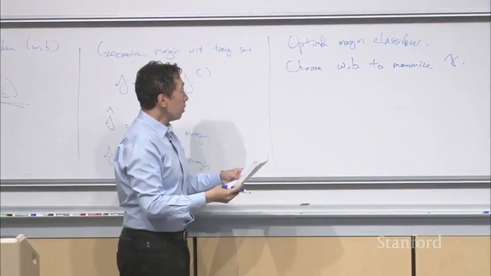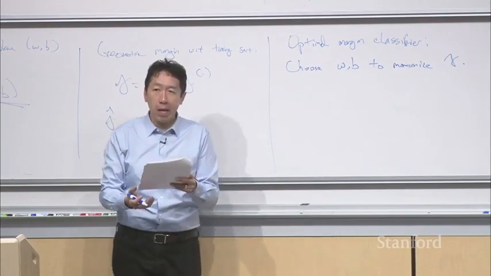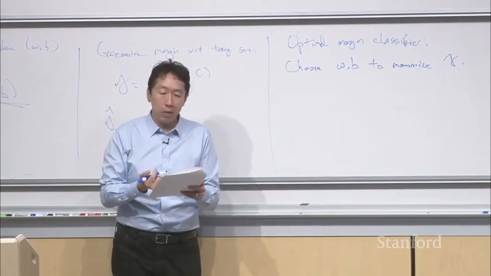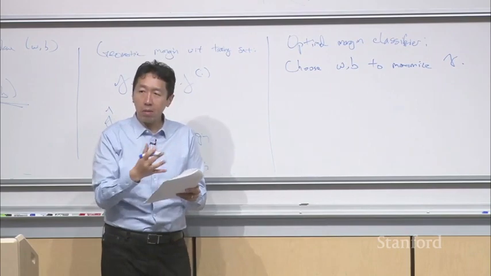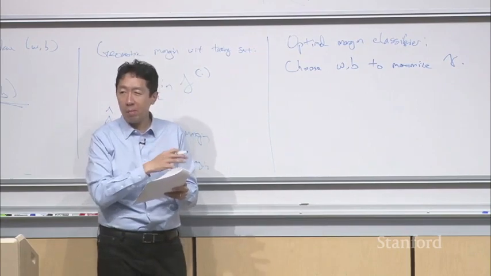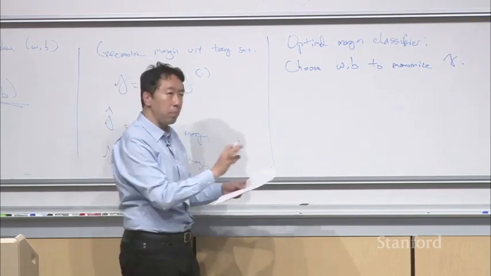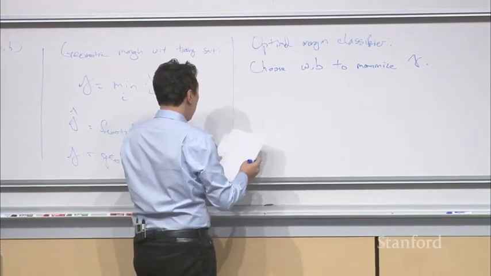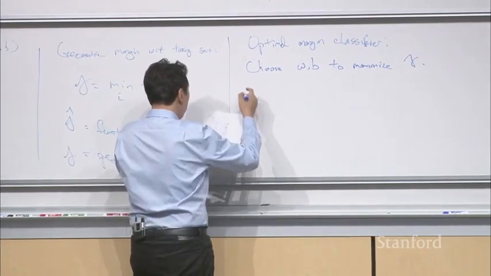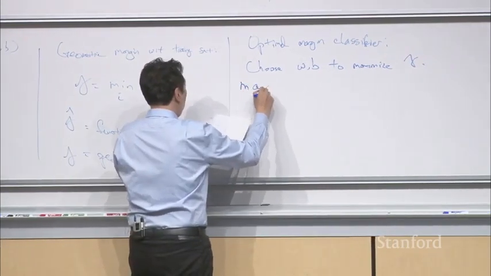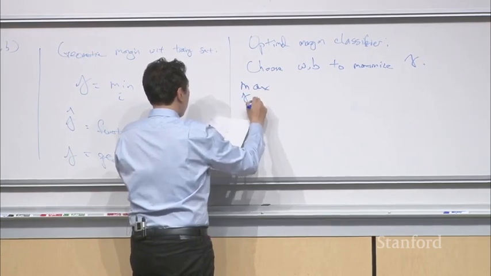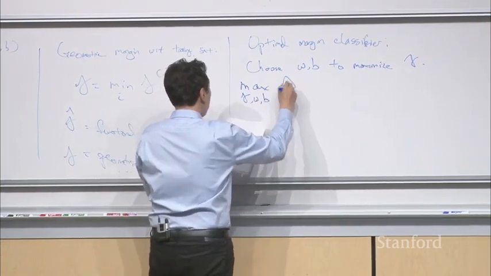Now, how you pose this mathematically, there are a few steps of this derivation that I don't want to do, but I'll just describe the beginning step and the last step and leave the in-between steps to the lecture notes. One way to pose this problem is to maximize gamma over W, B, and gamma.